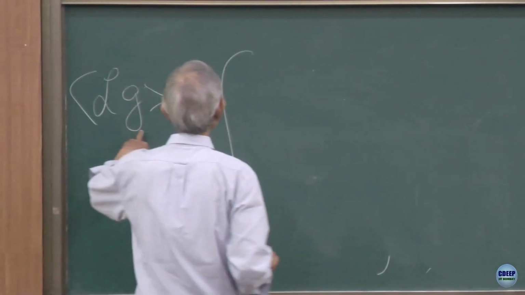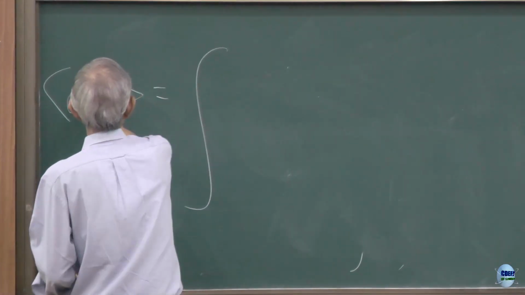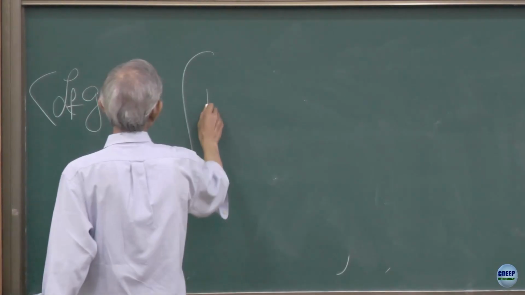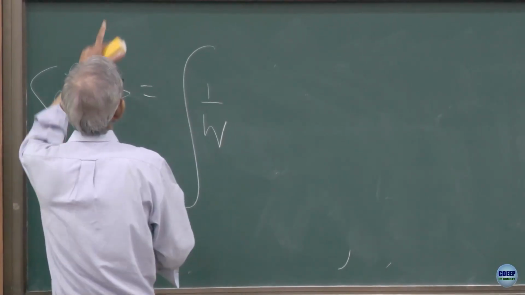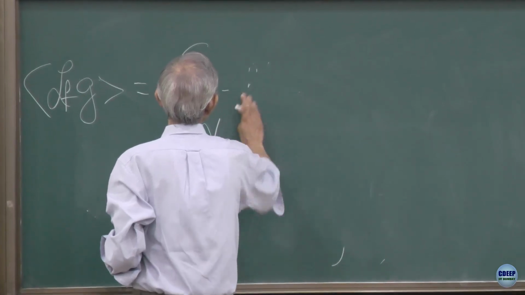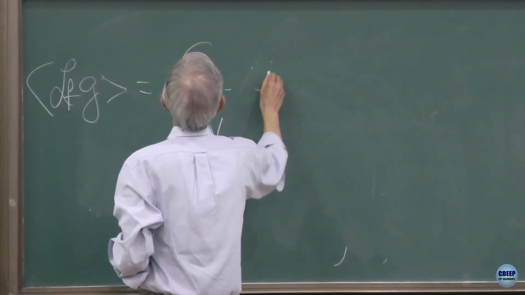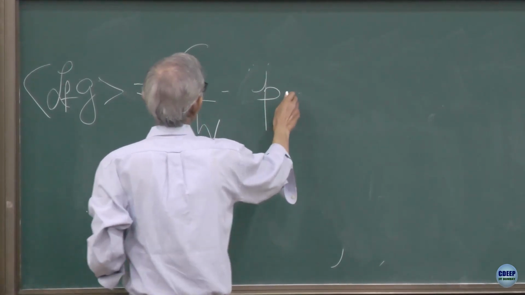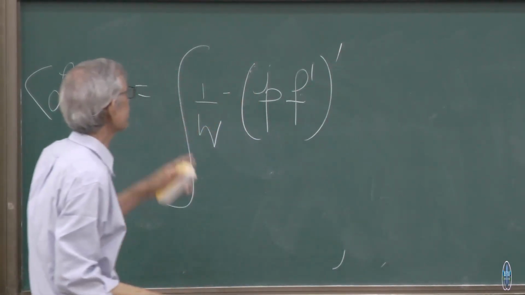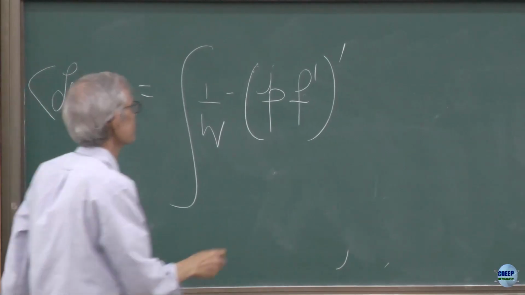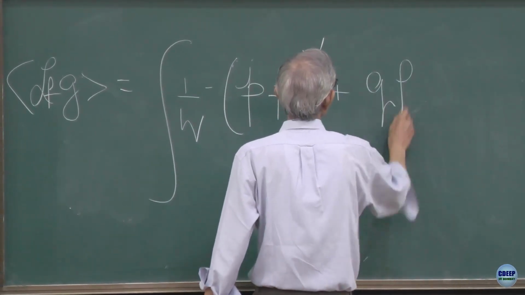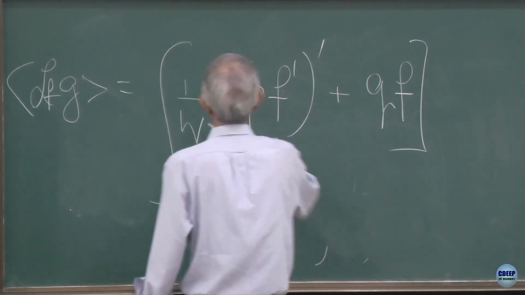So I've got L of F times G. So I've got 1 by W, right? Then minus of P times F prime, the whole prime. That's what the first term is going to be. Plus, there is going to be a Q times F, right?